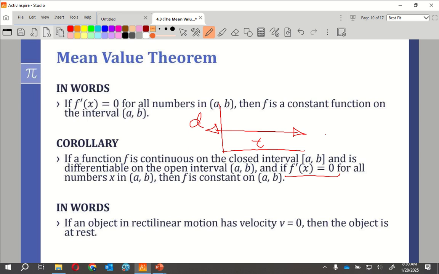So it's not going forward or going backwards, but time keeps happening, so it's not moving. It's sitting there. That's what that means. So velocity is 0. So that means it's not traveling at all, but the time still goes.